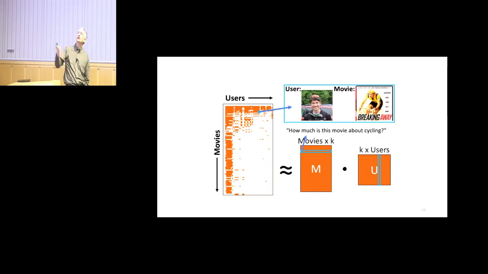So you can say, for instance, this value might represent how much is this movie about cycling, and this value might be, does Tim like movies about cycling? And as you can tell from his sporty gear, he does like cycling. And so then you can predict that he's probably going to like this movie.